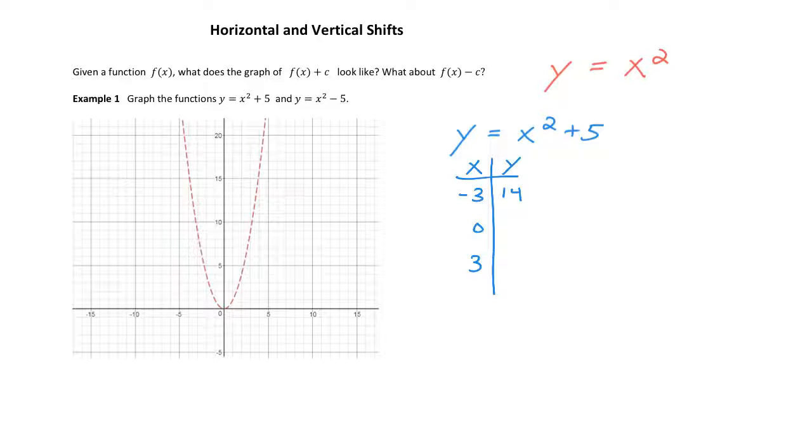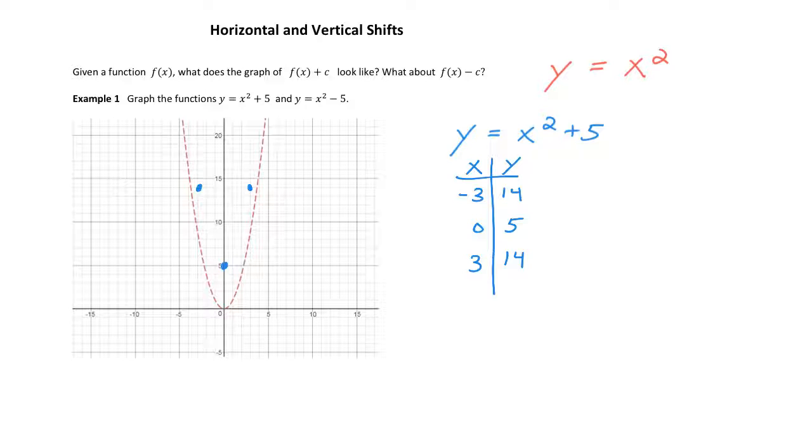If I plug in 0, I get 5. And if I plug in positive 3, I get 14 again. And I'll plot these points. So that was -3, 14. So that's here. I had the point 0, 5. And then the point 3, 14.